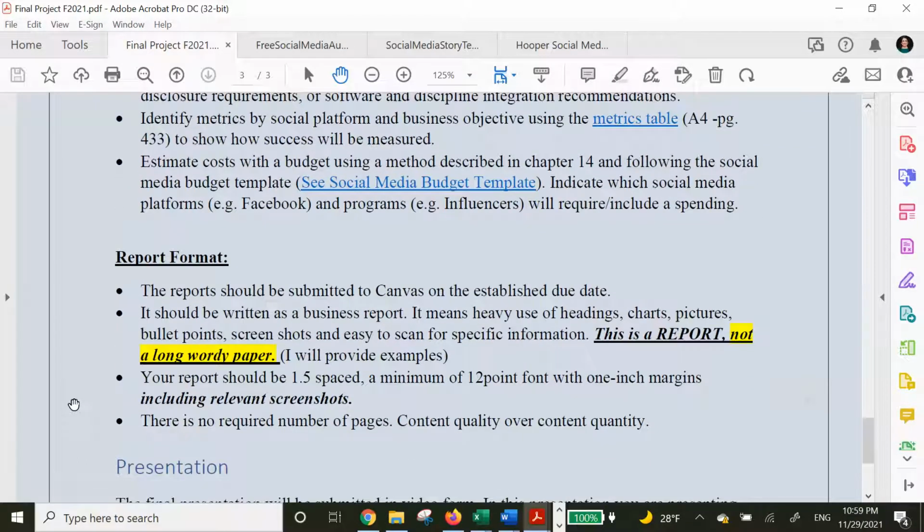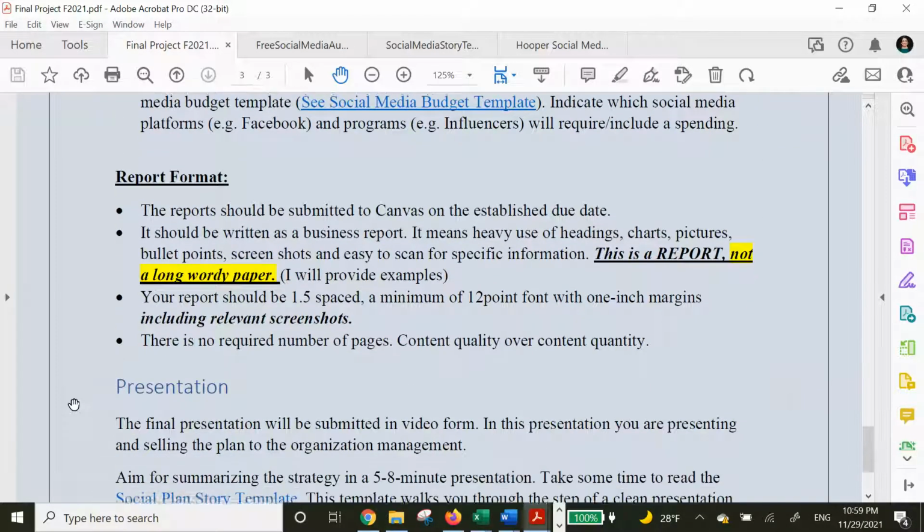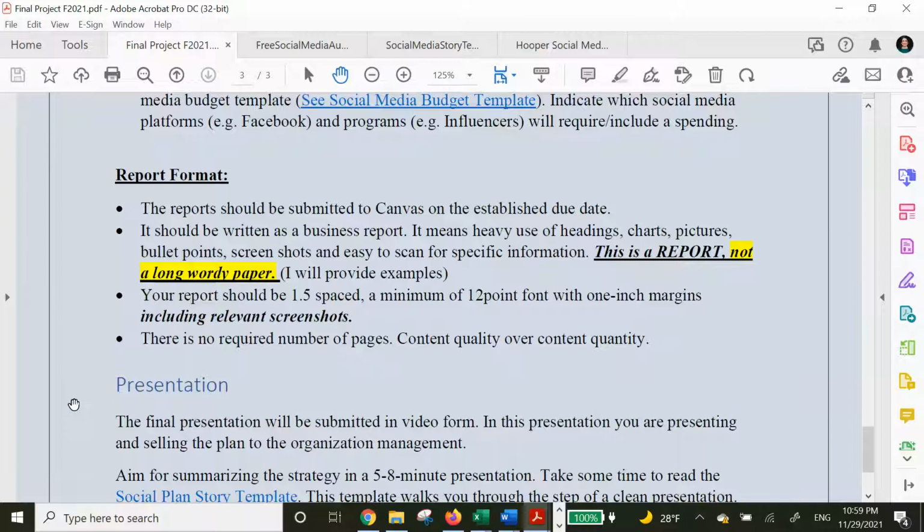Now let's talk about the format. Like I said, this is going to be a report and not a long wordy paper. In a second, I'm going to show you some reports that we have worked with in the past.